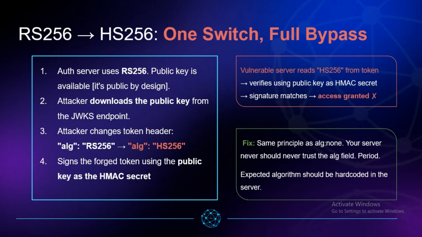They modify the payload to give themselves admin access, and then they sign the token using the public key as the HMAC secret. The vulnerable server reads HS-256 from the token header, switches to HMAC verification mode, and uses the public key to verify, which is exactly what the attacker used to sign. Signature is valid, token accepted, and access granted.